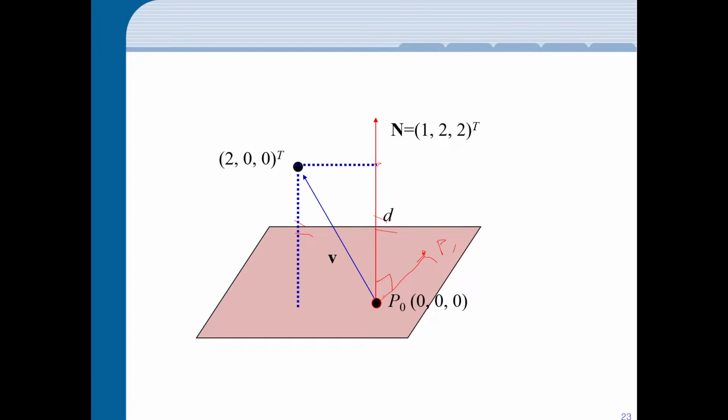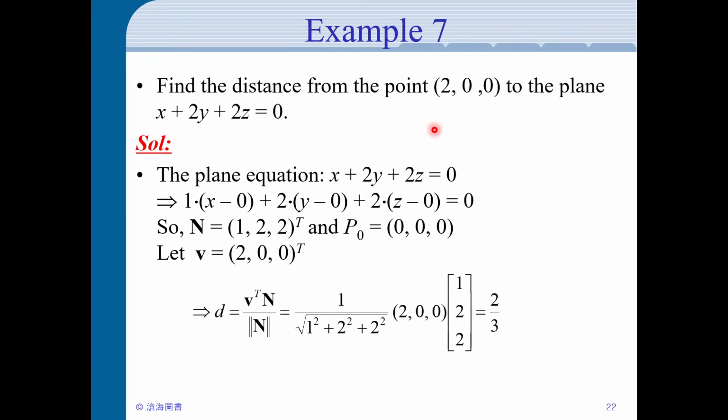This distance we know how to compute. We have a vector from p0 to the point 2, 0, 0, and we want to project it onto the normal vector, using the formula we had before: x inner product with y, divided by the length of y.